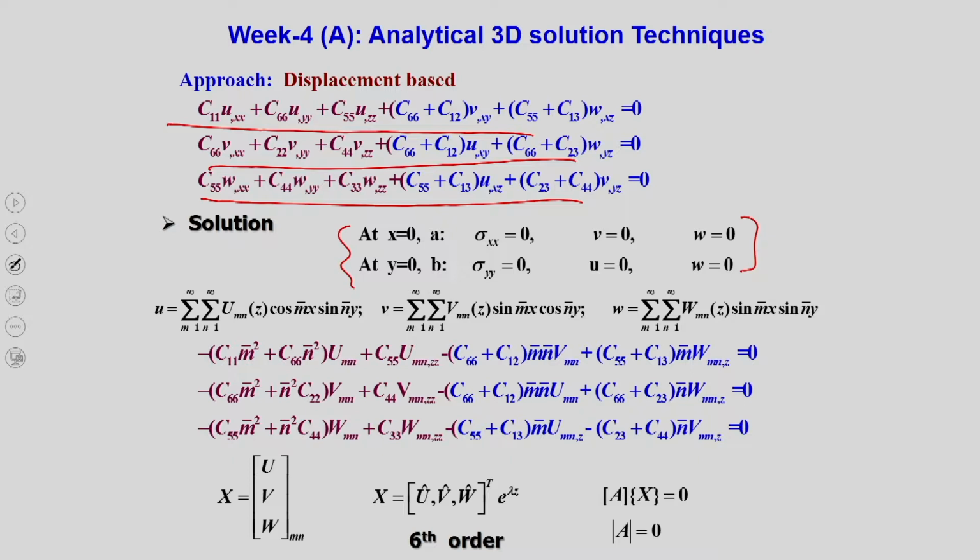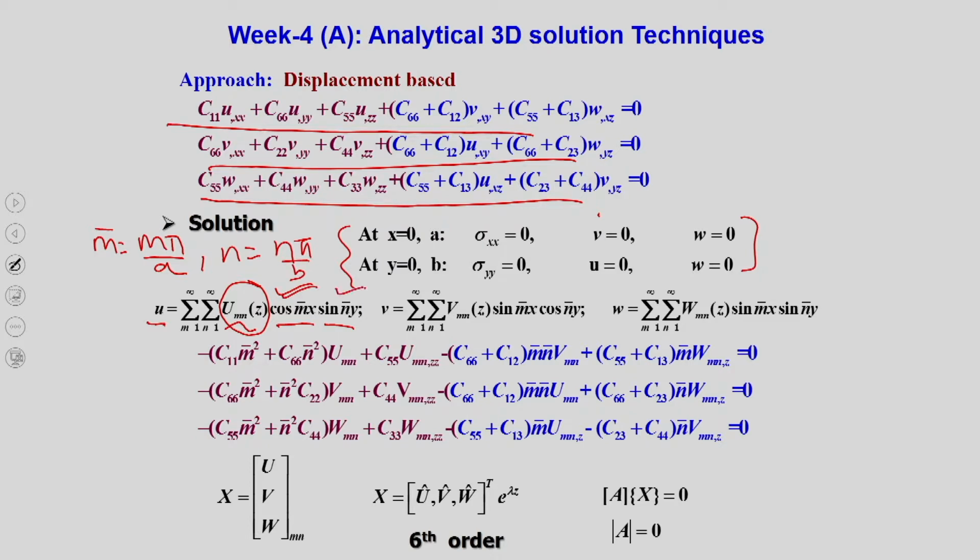the solutions along x and y. So, you are assuming that u is assumed, let us say u_mn, which is a function of z, and along x axis and along y axis. So, along x axis u is non-zero, so it is assumed in a cosine m pi x by a. where m bar is nothing but m pi by a and n bar is nothing but n pi by b.